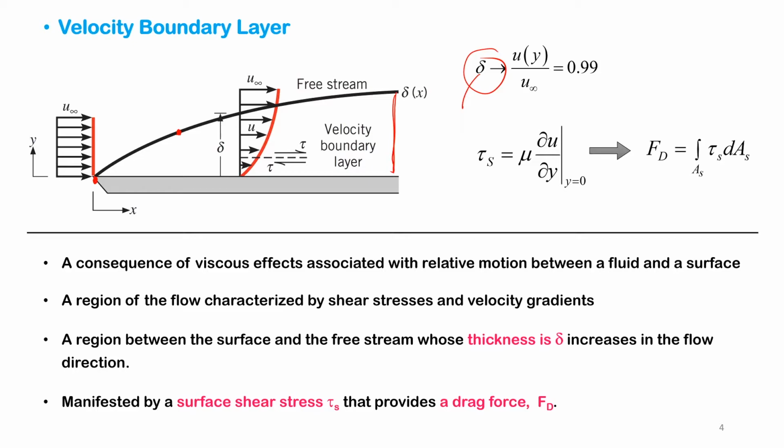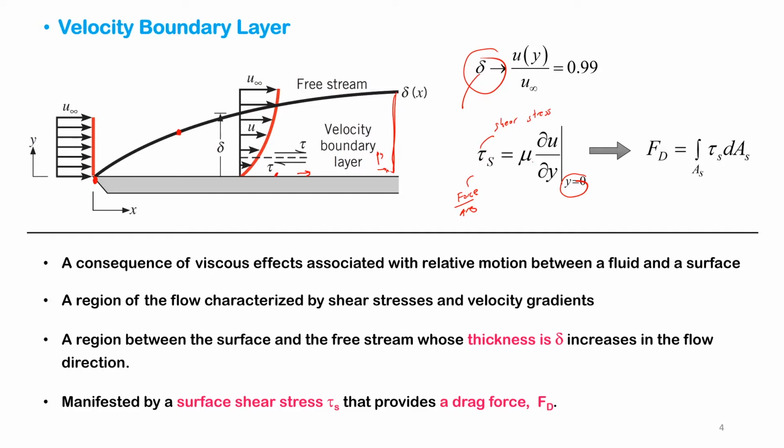So if you need to calculate the shear stress at the wall, tau is shear stress. Okay, so it is force per unit area. Shear stress is defined as viscosity times the velocity gradient. This is the y direction, this is the x direction. So the velocity gradient is evaluated at the wall.